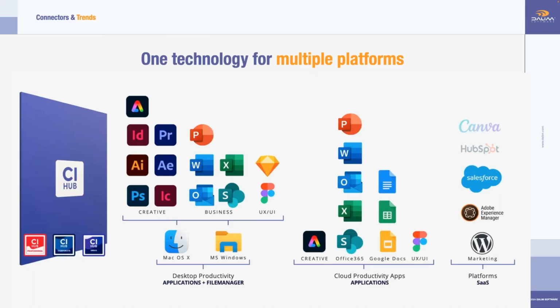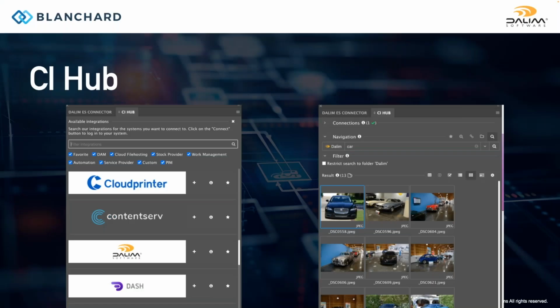This is a slide illustrating all the productivity tools we can use, the client applications, and all the platforms on the back end. You'll see when you're adding connections inside CI Hub, you need to be able to filter what type of product it is.